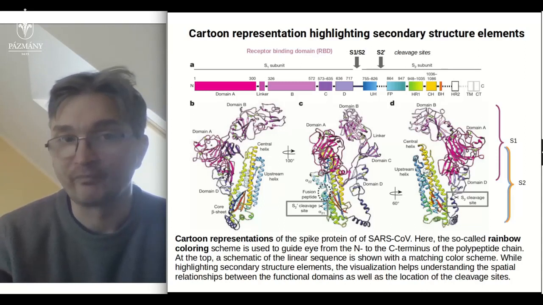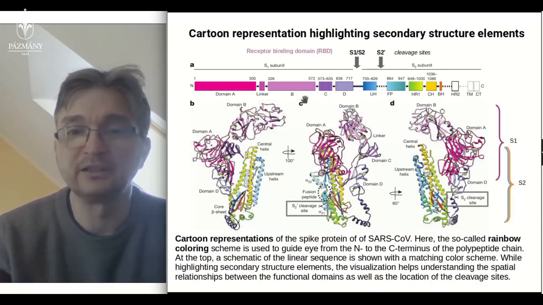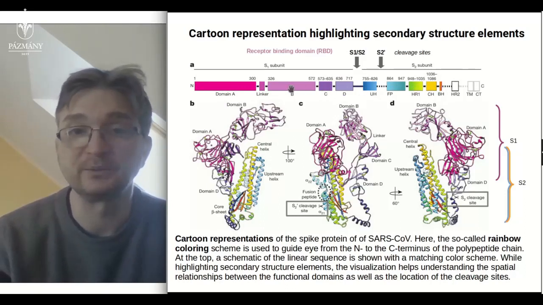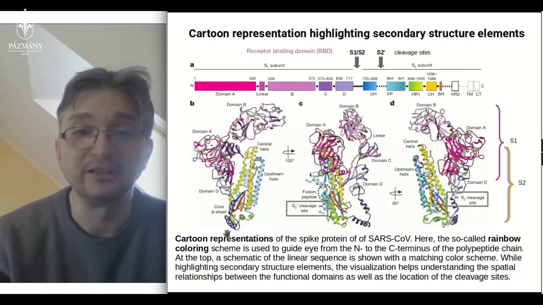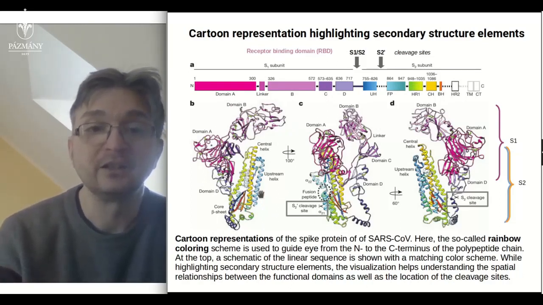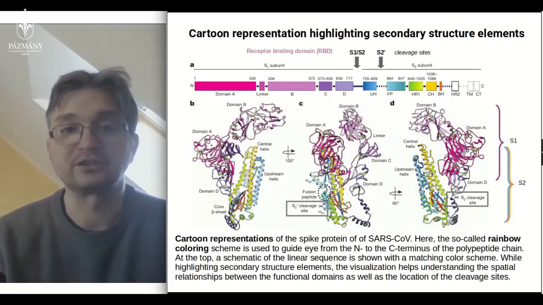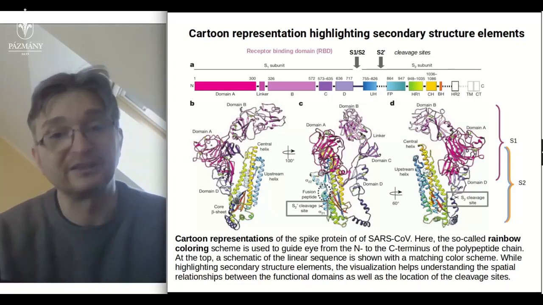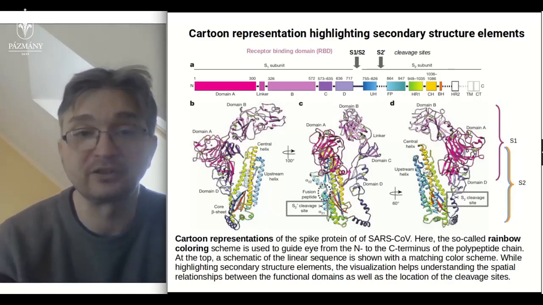You can see that this cartoon representation is combined with the linear representation, where the domains, different structural units of this protein, are colored differently along the sequence with these boxes, and this coloring is kept here in the structural representation in order to be able to link the position in the sequence of the given structural elements to the spatial organization in 3D. So this is some kind of rainbow coloring where we use a color scheme along the sequence, and we keep that color scheme when we depict the structure.